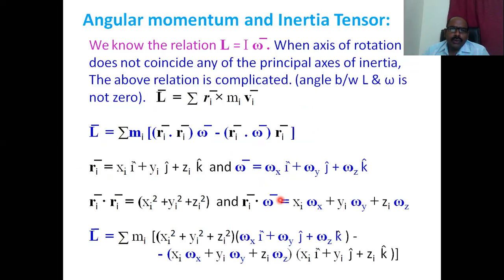Now we move to another topic: angular momentum and inertia tensor. Already in the previous class we studied the relation between angular momentum and angular velocity. In the simple case, it is the known relation: angular momentum L bar is equal to I into omega bar.